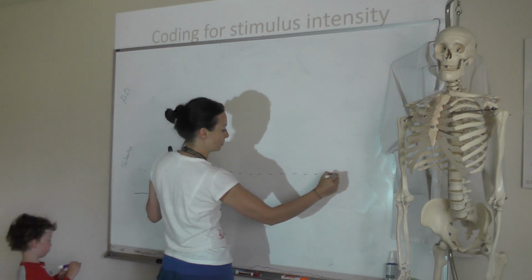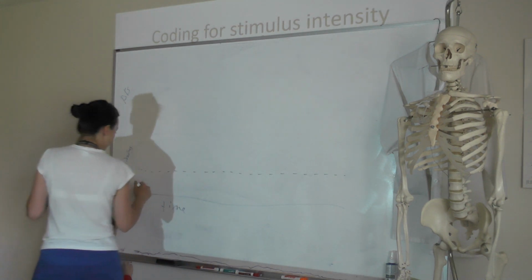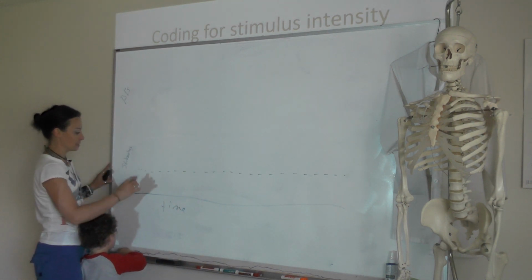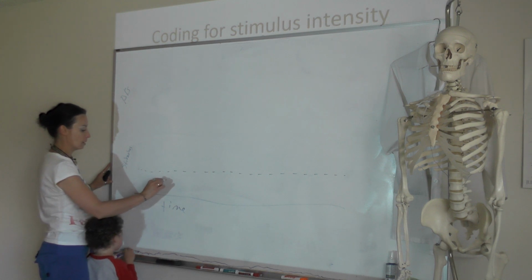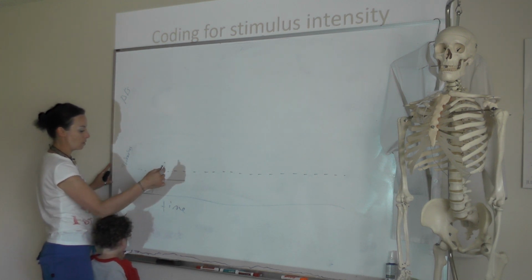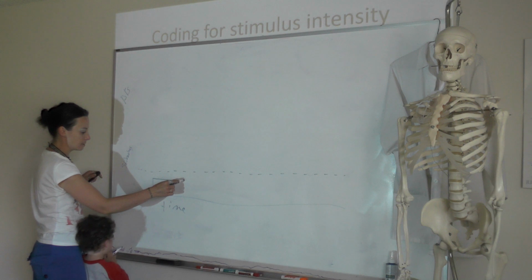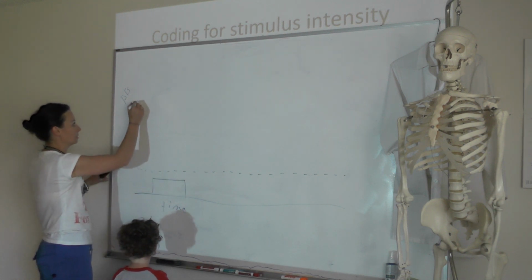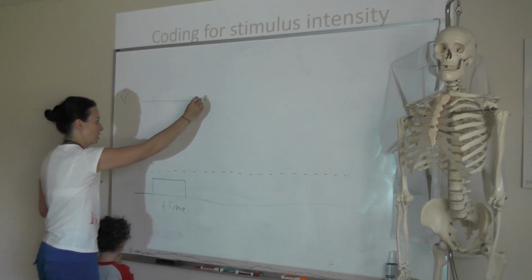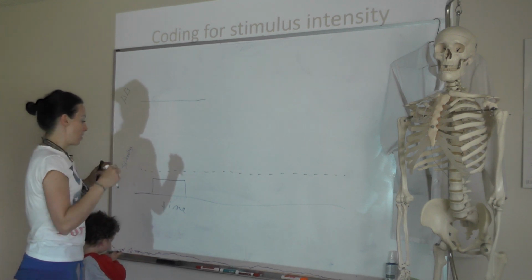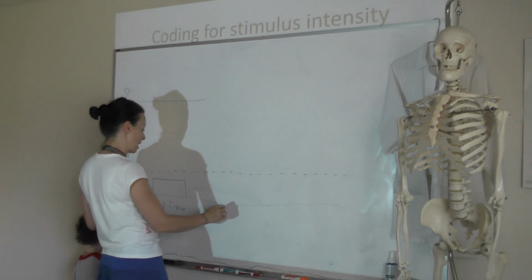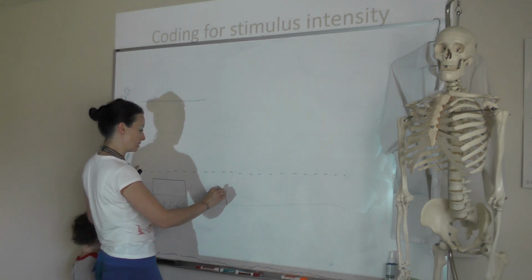Negative 55 millivolts threshold. If you have some stimulus that's sub-threshold, or that's a low level of stimulus, then it's not going to result in any action potentials.